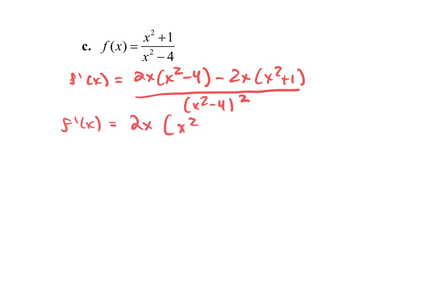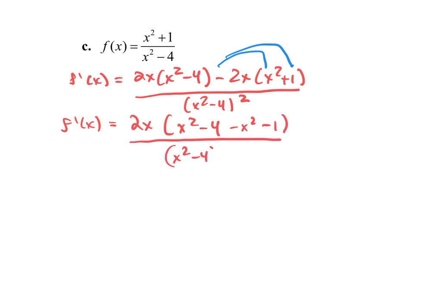That leaves me with an x squared minus 4 here, and a negative that I'm going to distribute, which gives me negative x squared minus 1, all over x squared minus 4 squared.